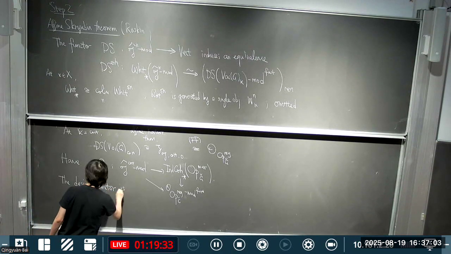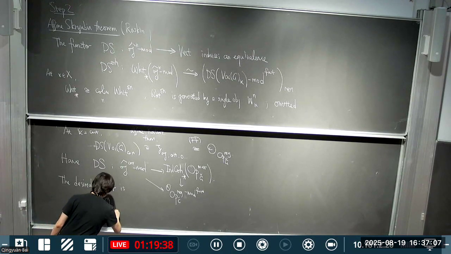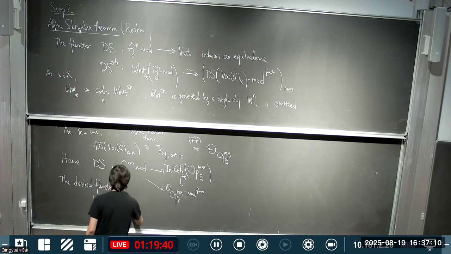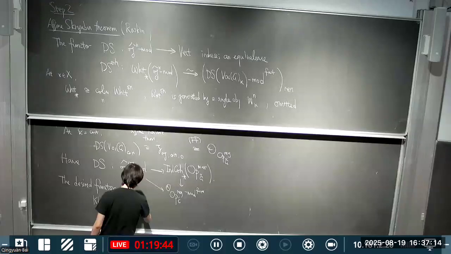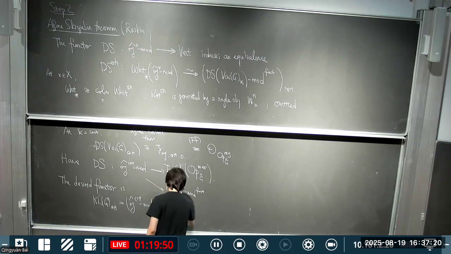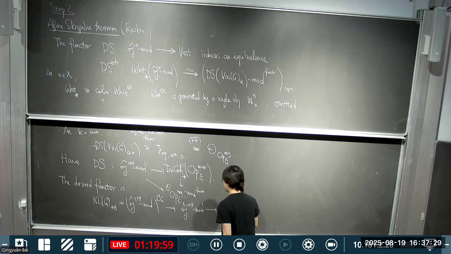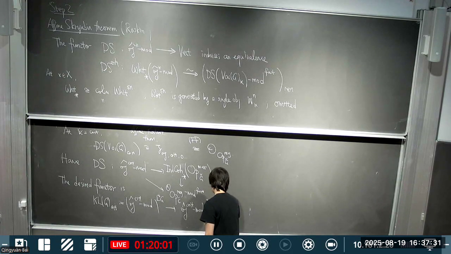is going from KL G crit, which is by definition G check crit mod, L of G, forgetful to G crit mod, composed with this functor DS enhanced.